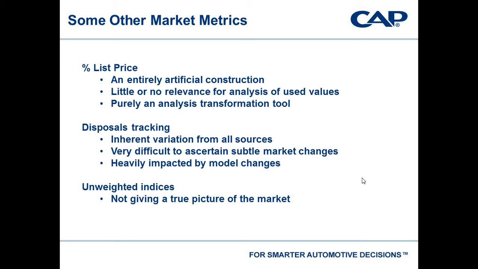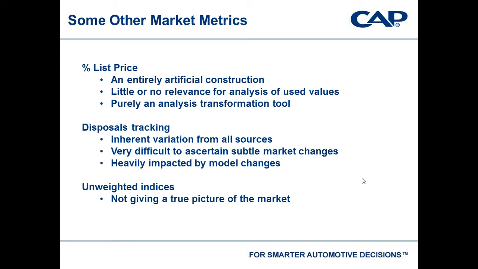You've got model mix, age, mileage, condition, the issues of model changes when you've got new models coming in artificially make the market look better. In fact, it's just a different basket of vehicles, and it is very difficult to pick up on subtle market changes. If there's a big market change, if there's a big dip, or if there's a feeding frenzy, then you will see it coming through in that data, but it's very difficult to pick out anything that's more subtle.